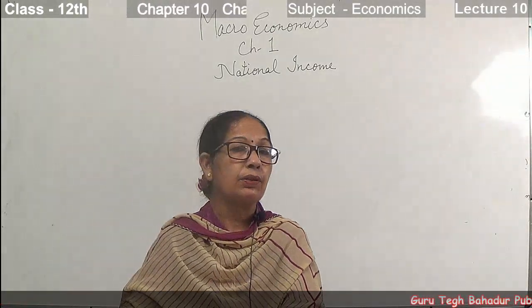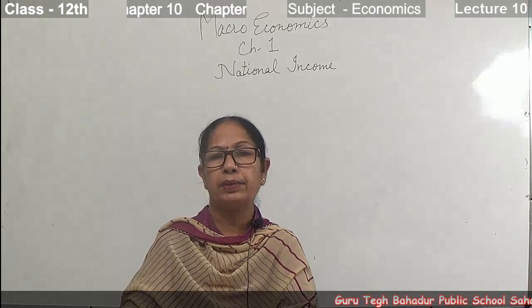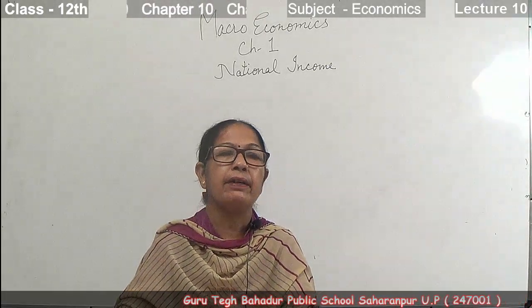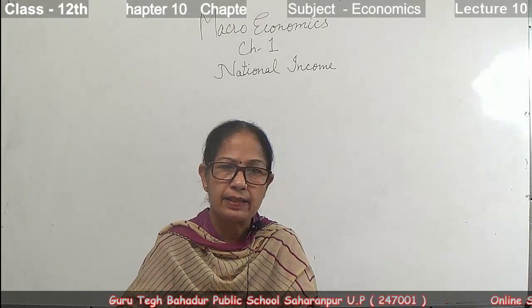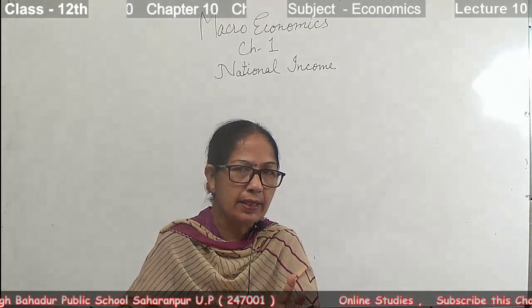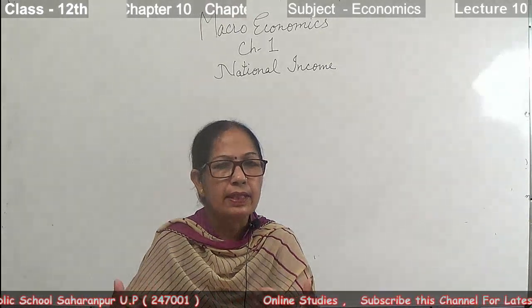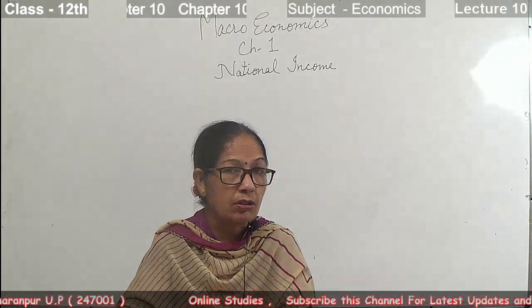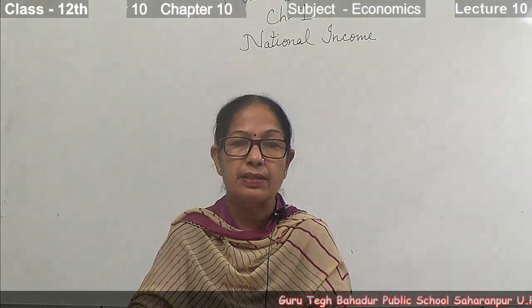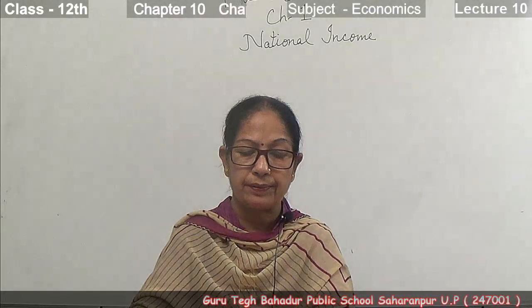Now we will read about sectors of an economy. The flow of income and flow of goods and services is among many sectors. There are many sectors of the economy between which the flow of money and of goods and services keeps going. So what are these sectors? First is household sector.